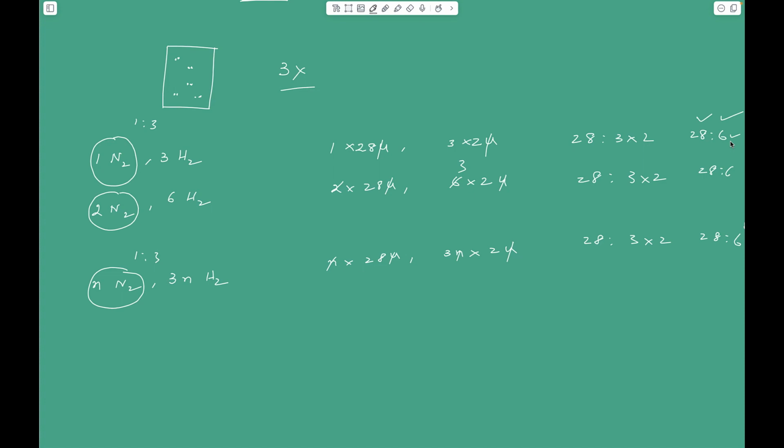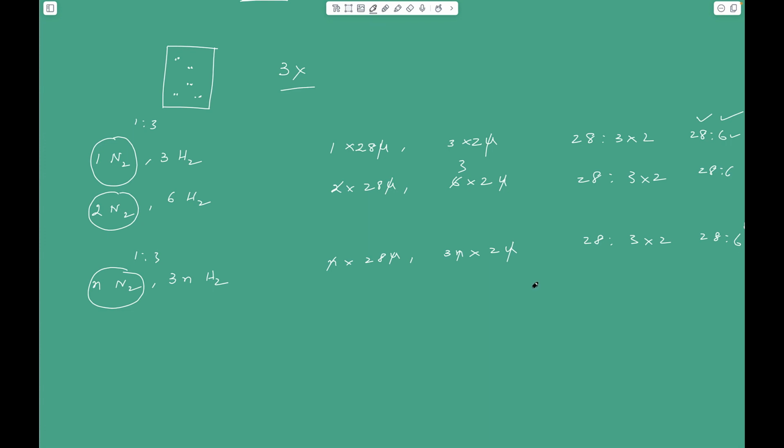That is, if the masses of the samples of nitrogen and hydrogen that we took are in the ratio of 28 to 6, then are their molecules in the ratio of 1 to 3? Of course. So, if you take nitrogen and hydrogen so that their masses are in the ratio of 28 to 6, then you are guaranteed to have their molecules in the ratio of 1 to 3.